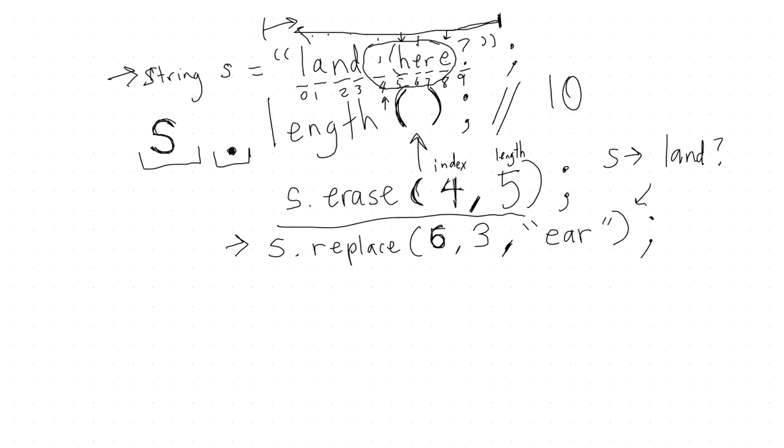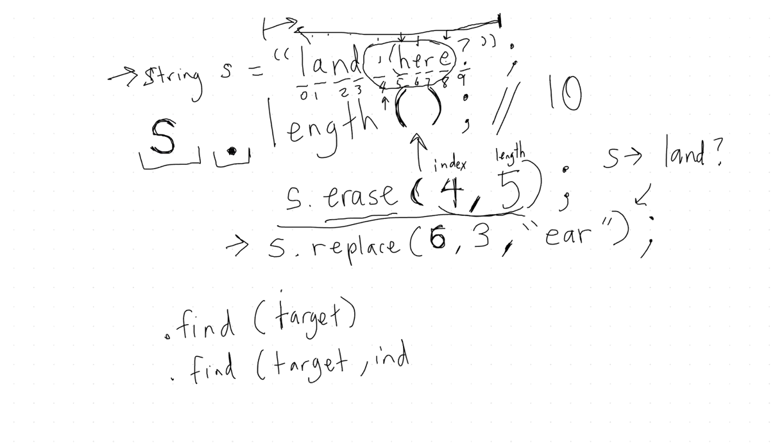Also, as an aside, a lot of these methods are overloaded methods, which means that you'll have basically the same name for these methods, but you might have different versions of them that work for a different number of parameters. So for instance, do you remember how with find, you could just pass in the target itself, or you could pass in the target and then the index you want to start looking from.